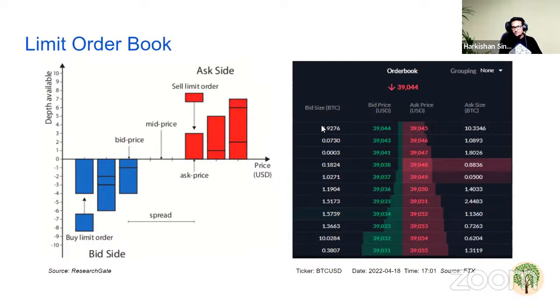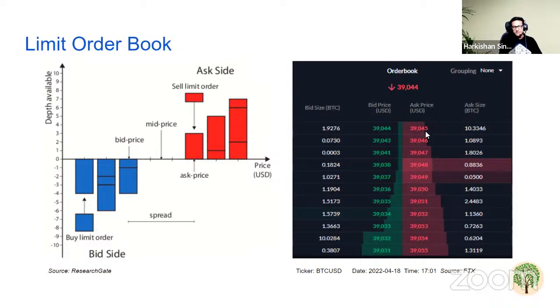So you see, here are some buyers who are willing to buy at this price, and this much quantity is available at this price. If I place a new bid order, suppose I want to buy 0.01 BTC USD at this price, I'll place a limit order, and this should increase to 1.9376.